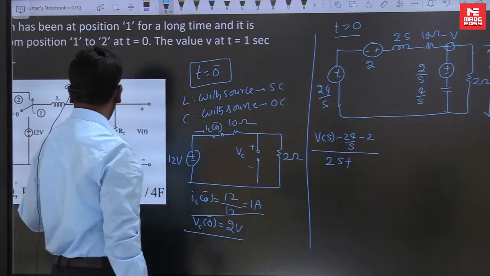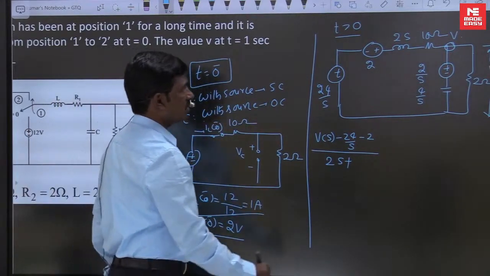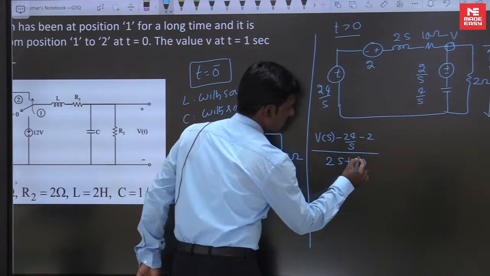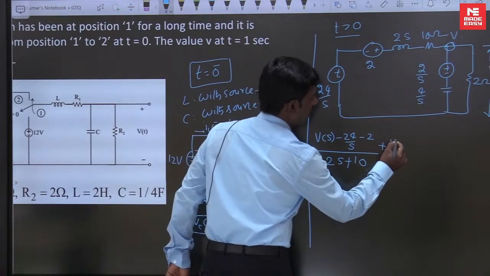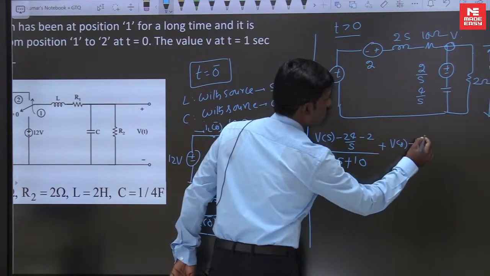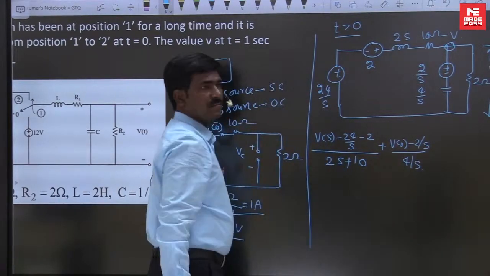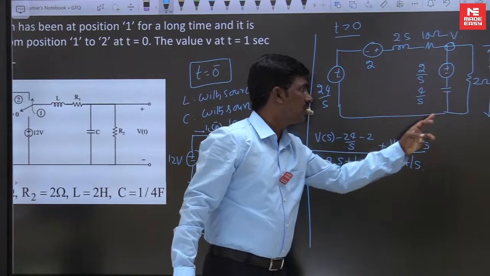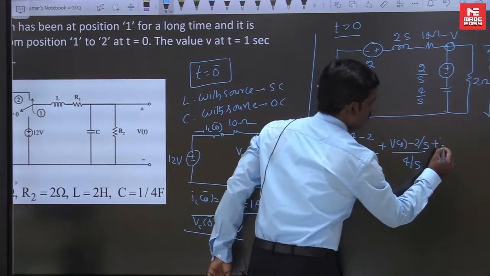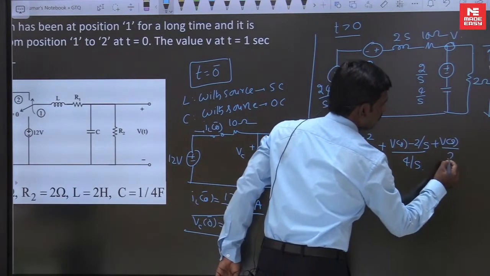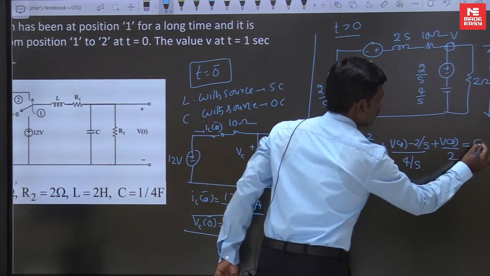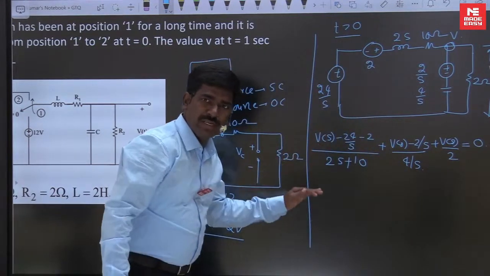Here 2S plus 10, or not? 2S plus 10, plus V of S minus 2 by S upon 4 by S. This branch current V of S by 2 is equal to 0. Now simplify it.